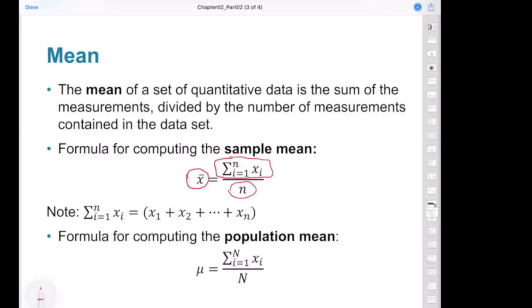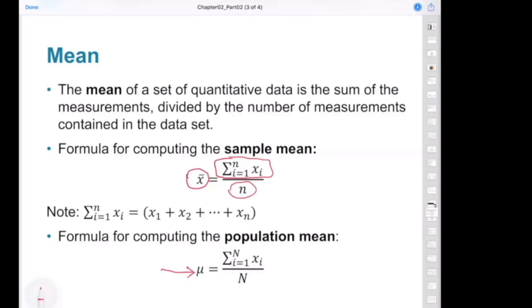In the same way, we can find the population mean. So if you measure all objects in our population, and you calculate the mean from this population, in this case, we calculate the population mean. In this case, we have a parameter. So mu here, this symbol represents the population mean, and it's a parameter.